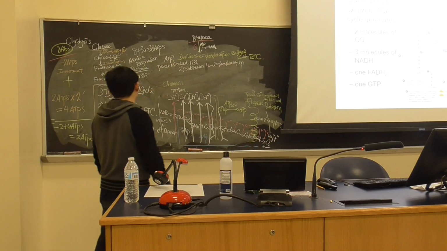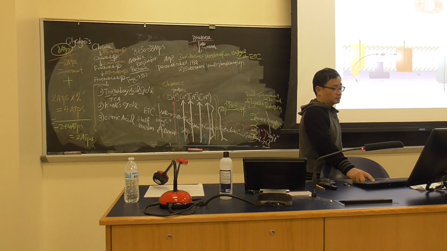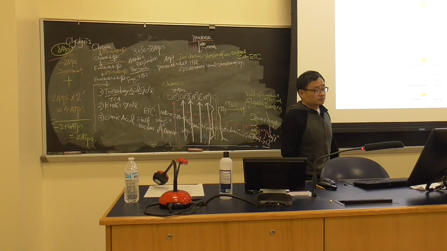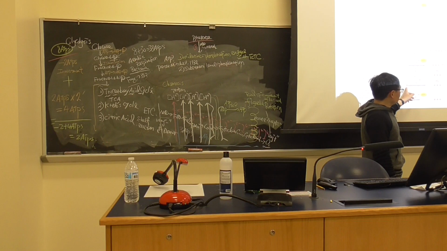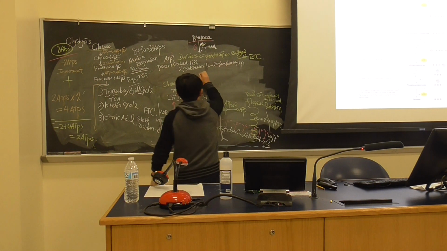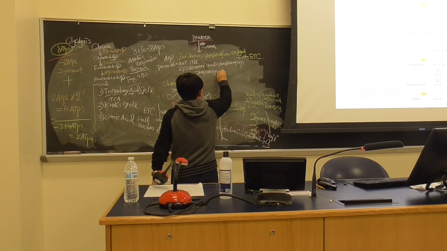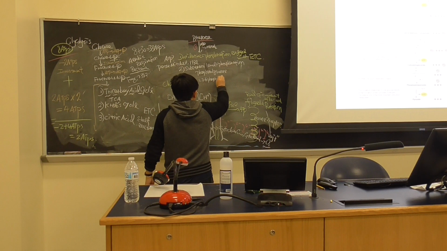So what happened is, we have a lot of chemicals here. It seems complicated. People found some of these chemicals, let's say phosphoenolpyruvate and 1,3-bisphosphoglycerate.